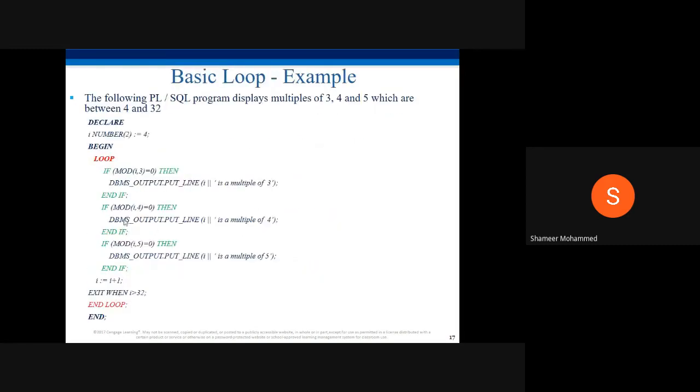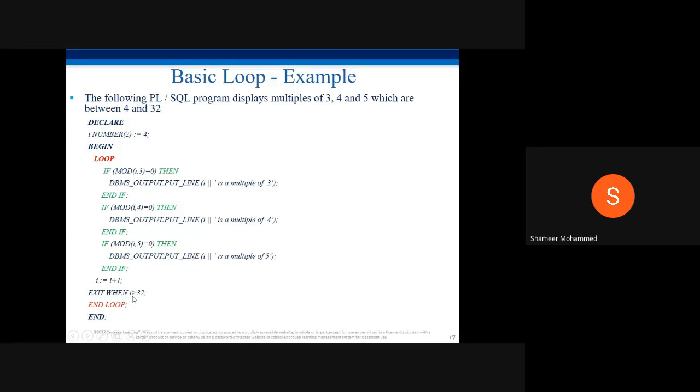Now this is the basic example we discussed last class, to print the multiples between 4 and 32. The starting number is 4. If the number reaches 32, you are going to come out of the loop. So that is this condition. I is the variable, data type number, initial value 4. So 4 is given to I. Now here you are doing some steps.